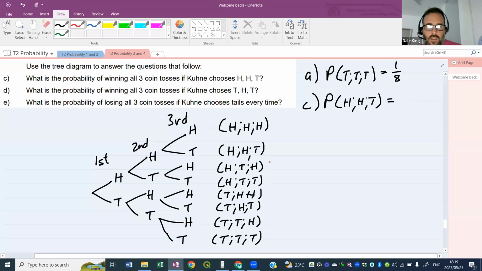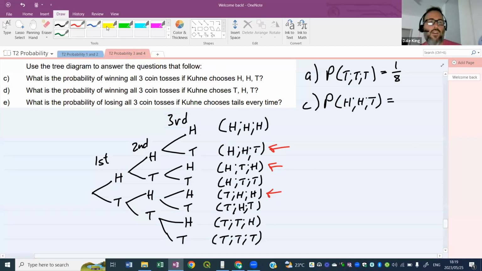Now what Bianca's doing is she's going to that one, and that one, and if Teacher Dale's writing was clearer, you would see that that's also an H. So I think Bianca's looking at these 3 here.